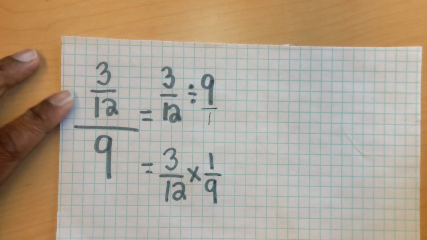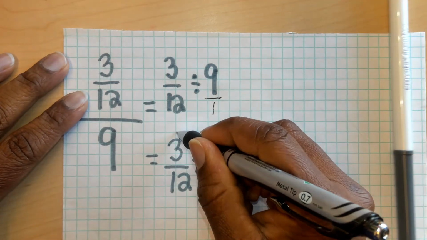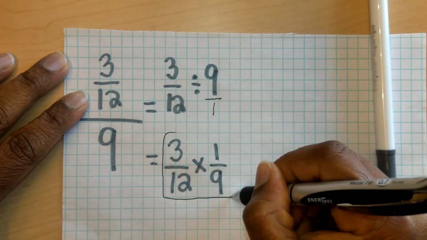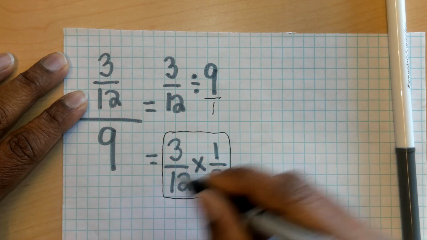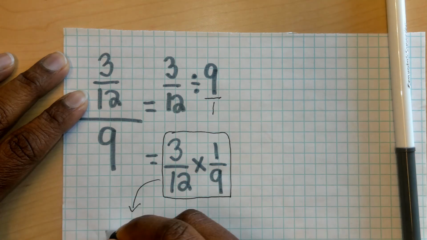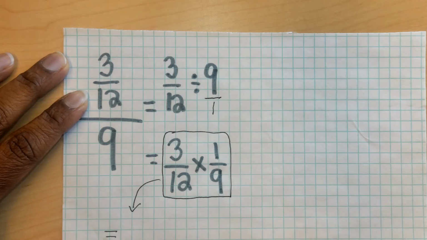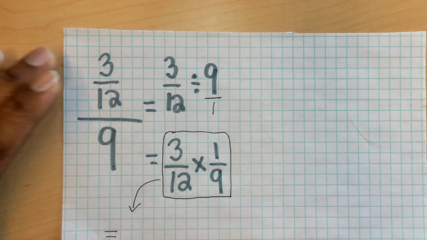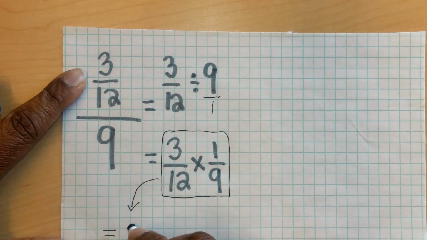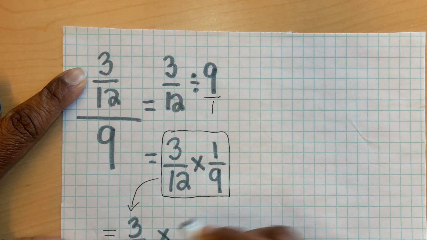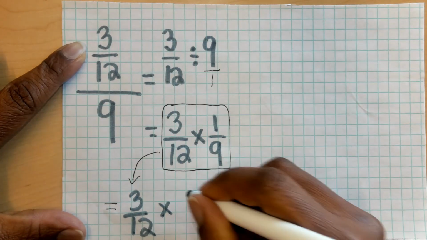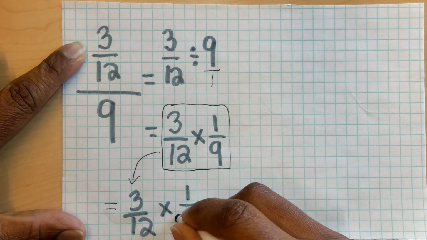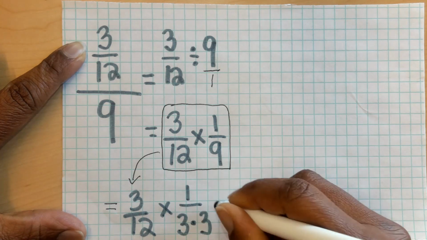I can see that I can easily take this and reduce it by finding groups of 1 by dividing. 3/12, I'm going to keep the same, times, I can decompose this 9 in 1/9 into 3 times 3.